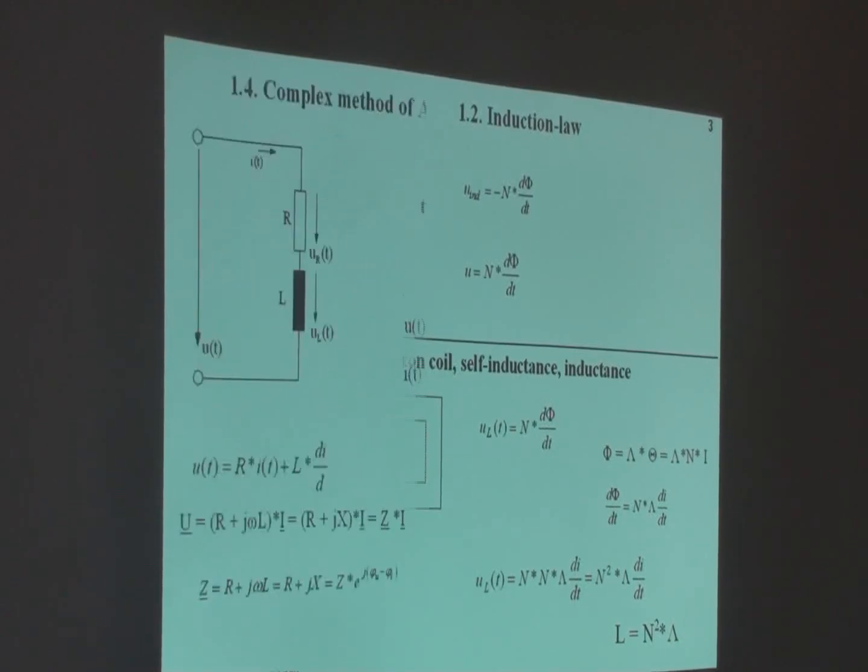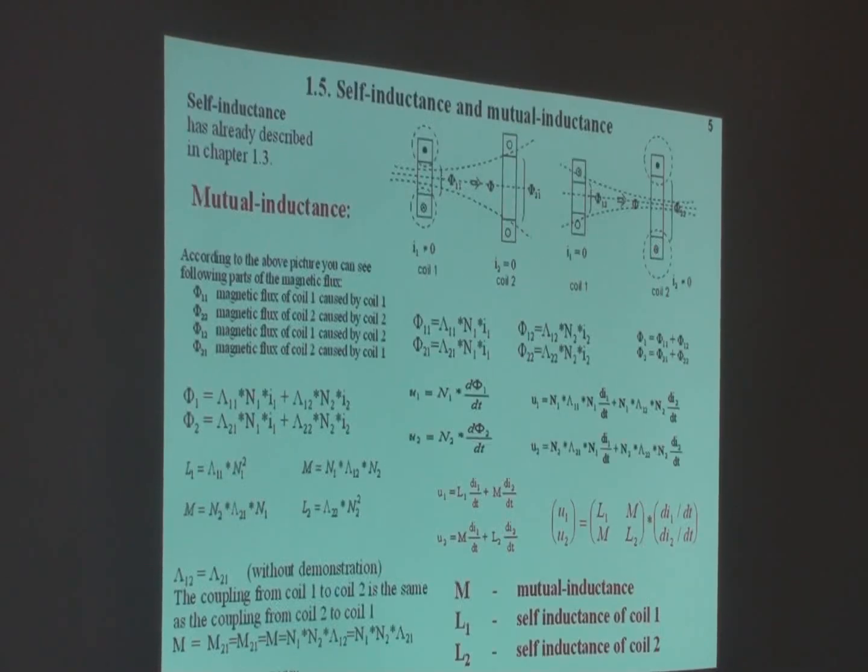So if this current is an AC current, the magnetic flux changes, and we have here an induced voltage. How can we calculate this induced voltage? That's the question.